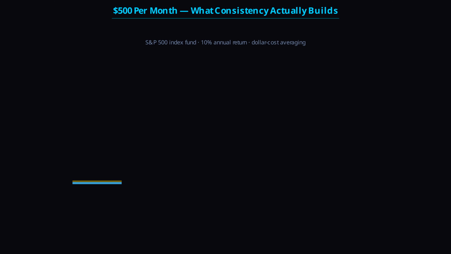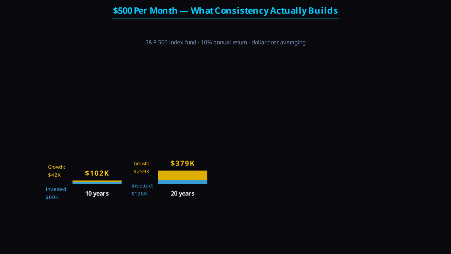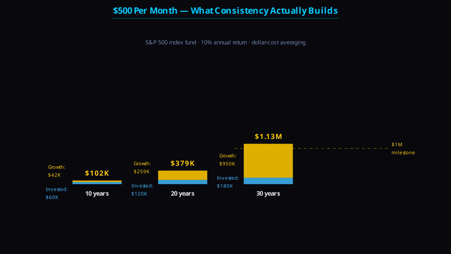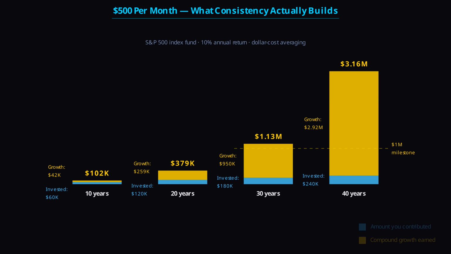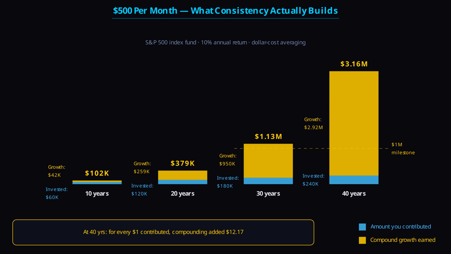Theory is useful, but here is what $500 a month, roughly $16 a day, actually becomes over time, invested in a broad market index fund at the historical 10% annual average. 10 years, $102,000. You contributed $60,000.